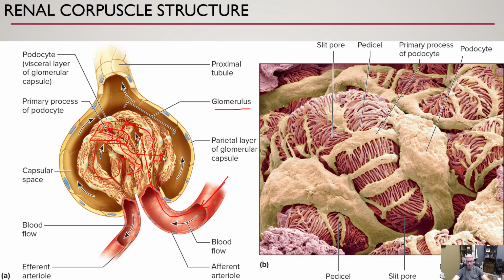And stuff is going to get filtered out into this Bowman space, or glomerular space. We've started the process of urine formation, and it's going to go down this tube. Then the blood supply is going to leave through the efferent arteriole. So afferent is thicker, efferent is thinner.